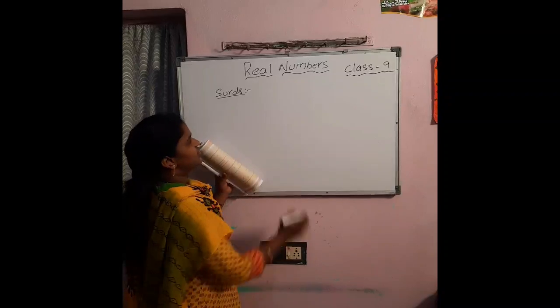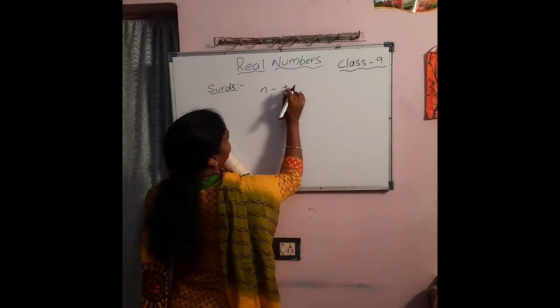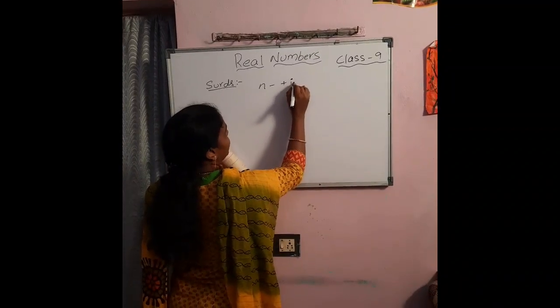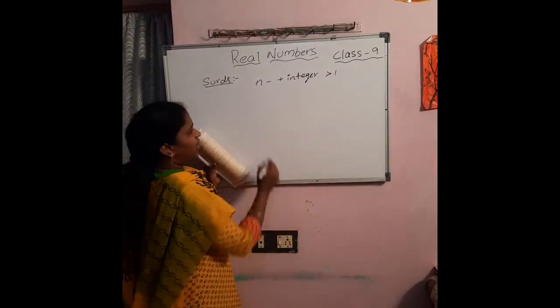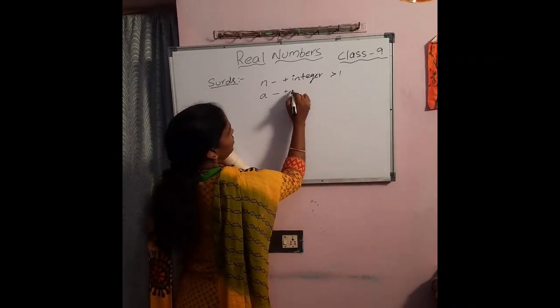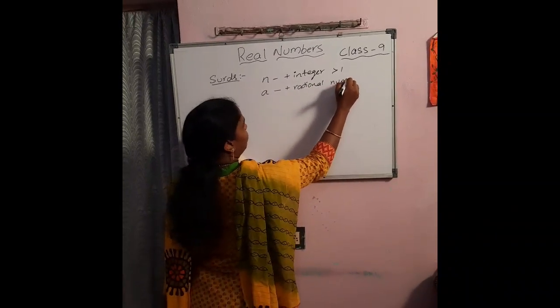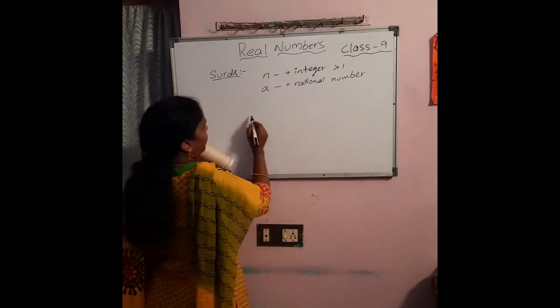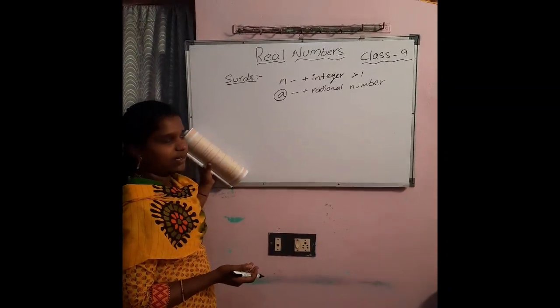Let us know about the surds. We have to consider a number n which is a positive integer, which is greater than 1, and consider a number a which is a positive rational number, and a should not be written in the powers of any other rational number.